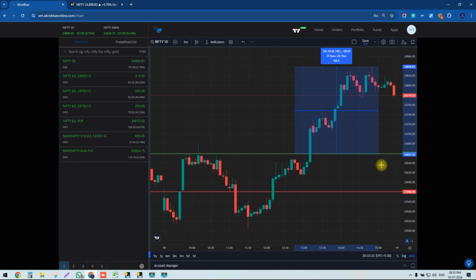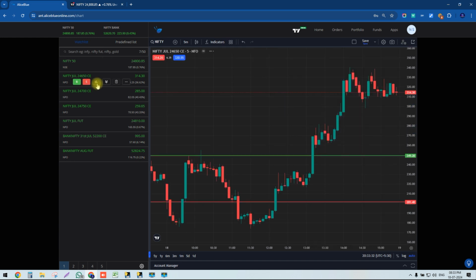You can see these are high levels of buying in Nifty 50. As you can see in Nifty July, strike price is 24,650.